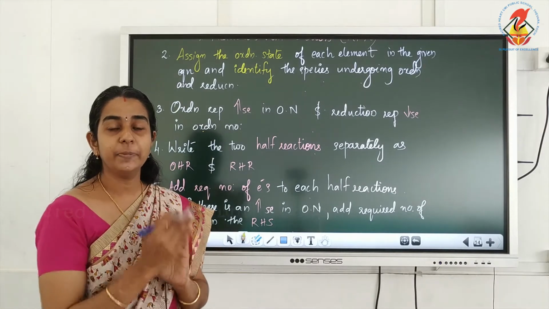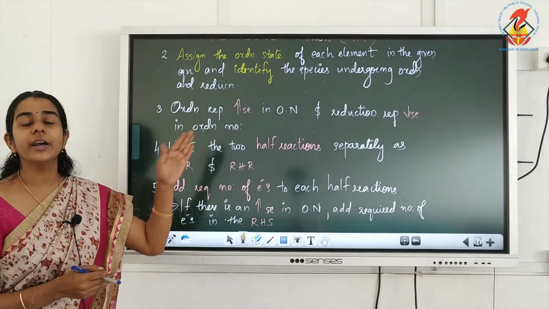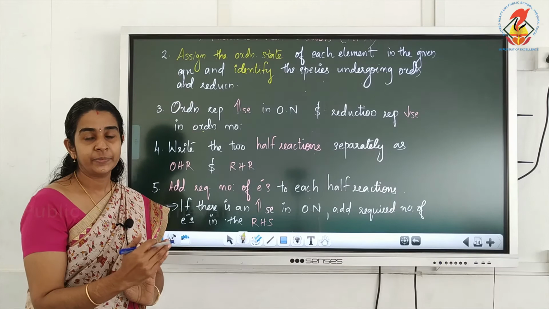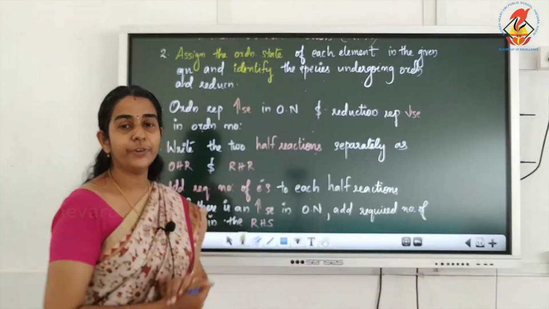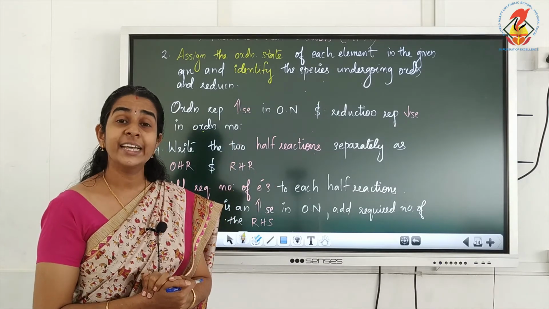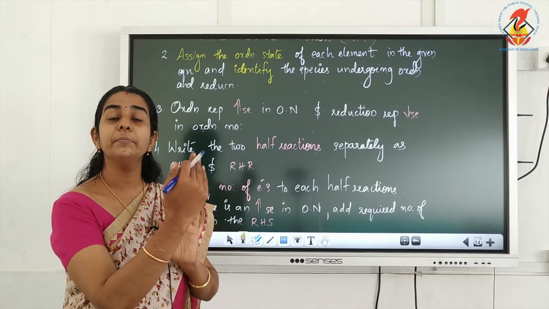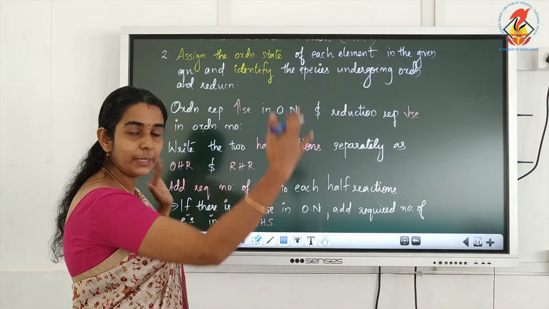After identifying the species undergoing oxidation and reduction, write the two half reactions separately. The one which is undergoing oxidation, write it as the oxidation half reaction, and the one which is undergoing reduction, write it as the reduction half reaction. We have to write them as two half reactions separately.